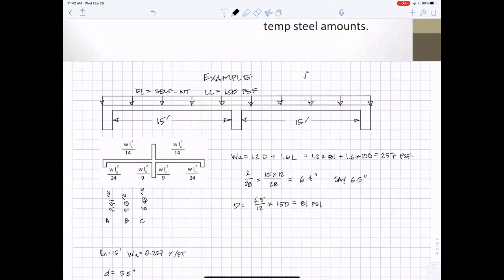I guess I didn't write it down. Let's say F prime C is 4 KSI and FY is 60 KSI. That's how I got the rho max.